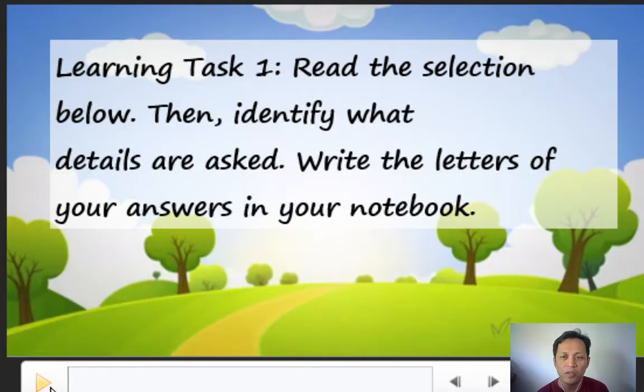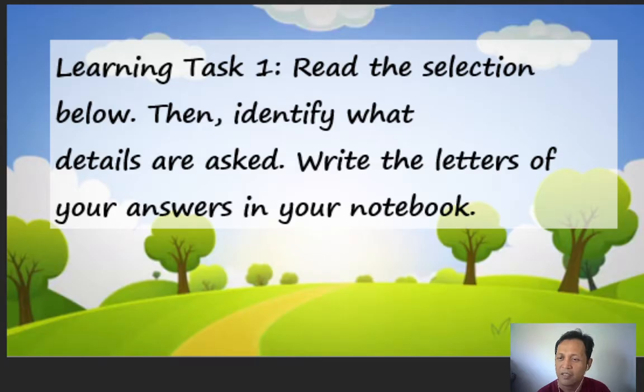What we are going to do is read that selection, then please take note of the important details because we are going to identify what details are asked. And we are going to write the letters of the answers in our notebook.